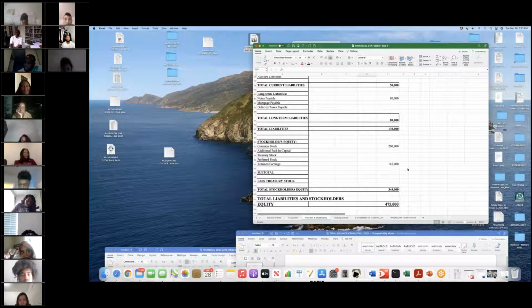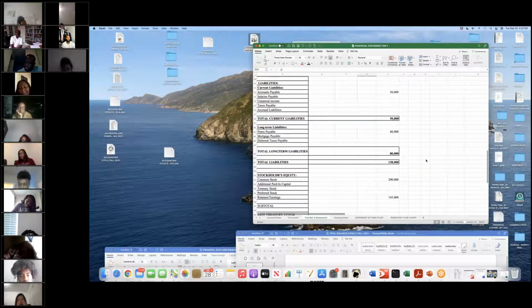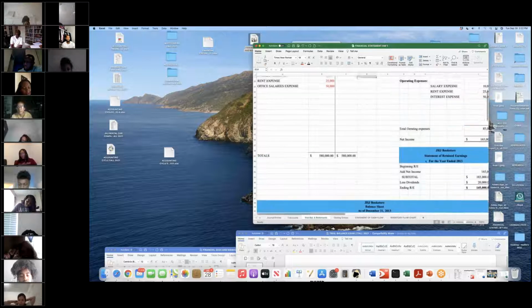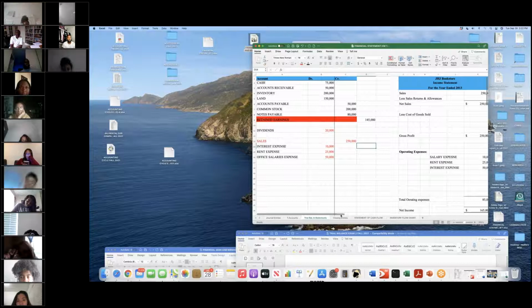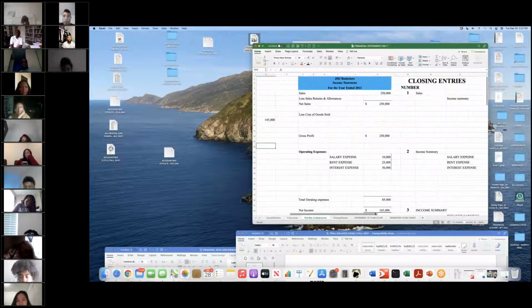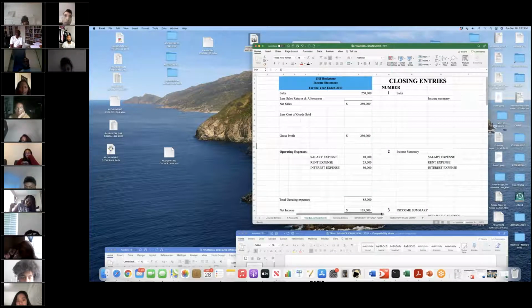Now, as we said, retained earnings has a 0 balance. We've got to get it to 145. So that becomes the purpose of the closing entries.